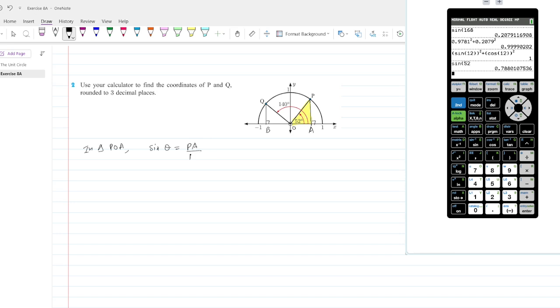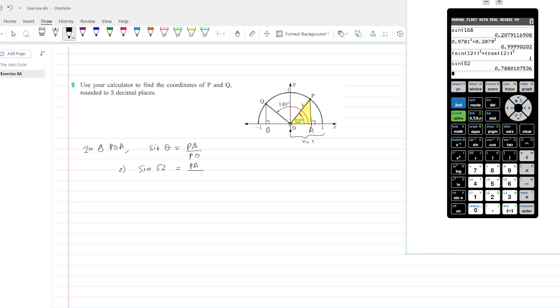PA divided by PO. So sin 52, the value of theta is 52. PA is PA only, and PO is 1 because PO is the radius of this circle, and from here we can see the radius is 1.